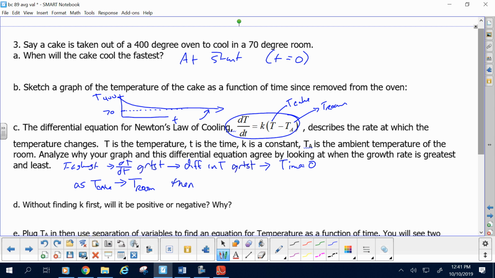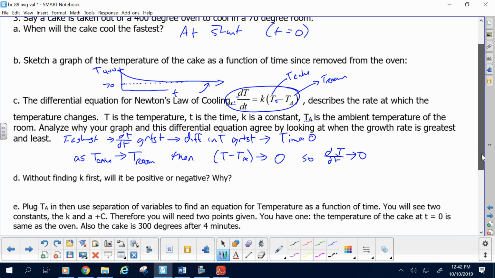As the temperature of the cake approaches the temperature of the room, then the difference between the two approaches 0, and so the rate of change, or the slope of the curve, approaches 0. The difference relates directly to the rate of change, so it makes sense that the graph flattens out there. Yay?